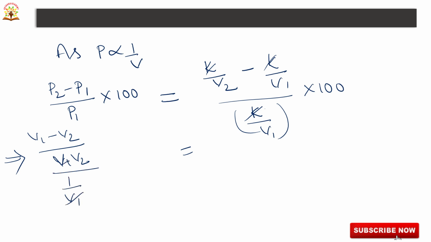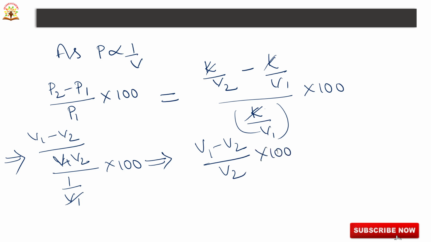Now V1 also gets cancelled, and next we write V1 minus V2 by V2 into 100. Now we are substituting values.